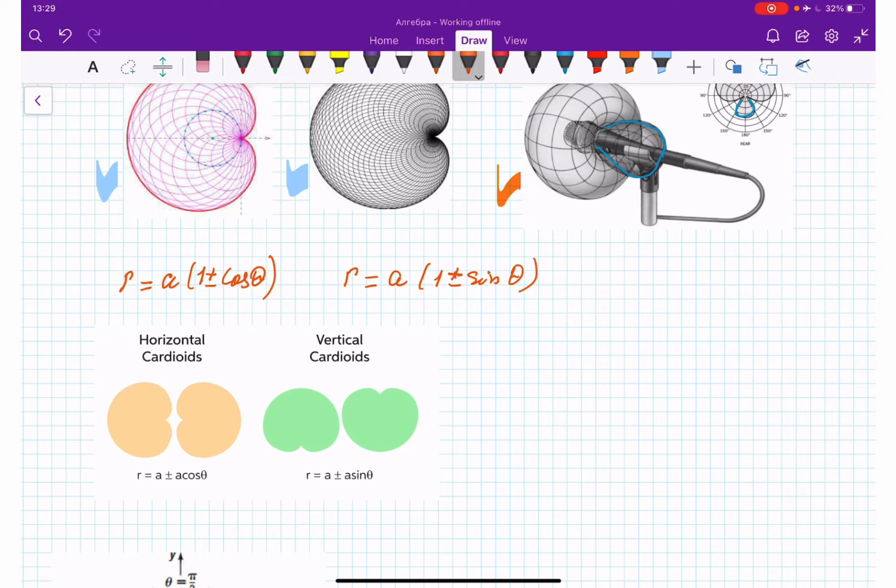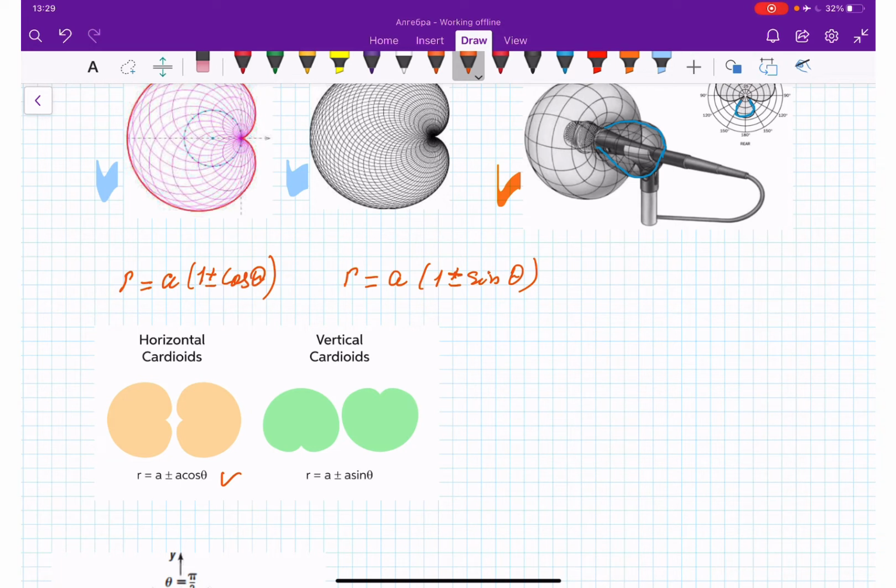The horizontal cardioids are more popular because they are more effective in blocking sound from the sides. Here underneath you have r equals a plus or minus a cosine theta. I just took out a, so I think it's a much clearer picture of the equation.